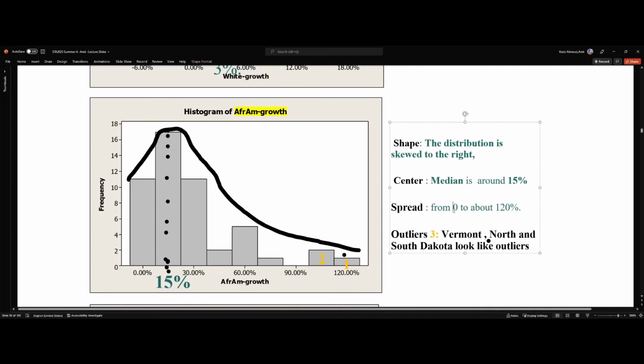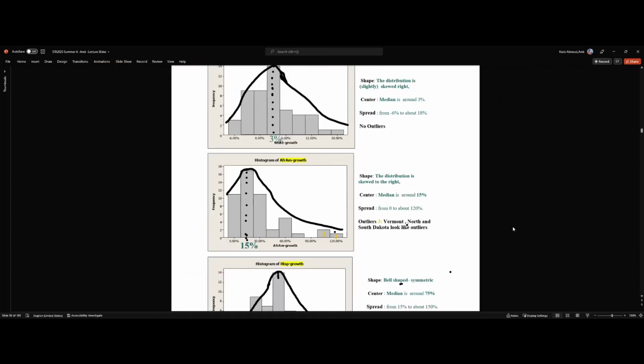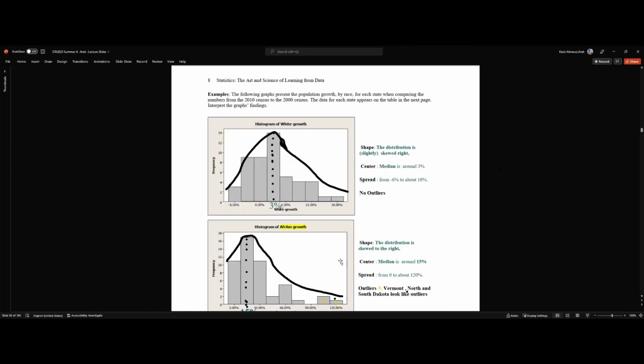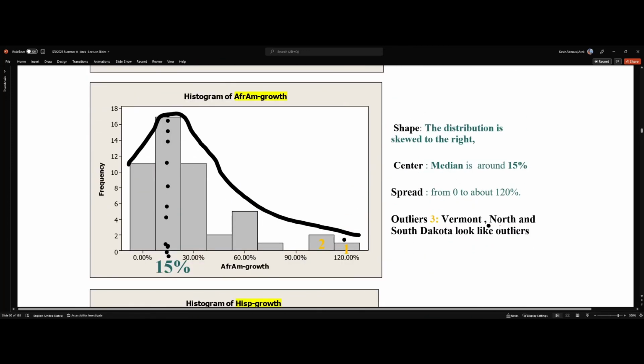And so we are saying it's an outlier because if we go back in the data, for the current category, the African American, we can see that these yellow highlighted numbers are way higher than the other ones in this list. So we can say yes, there are 3 outliers.